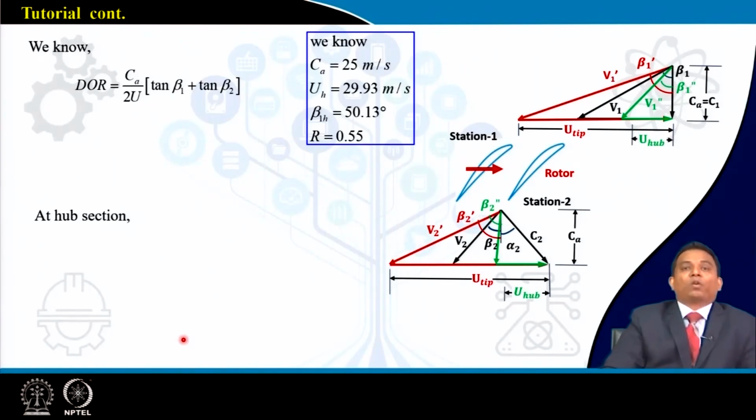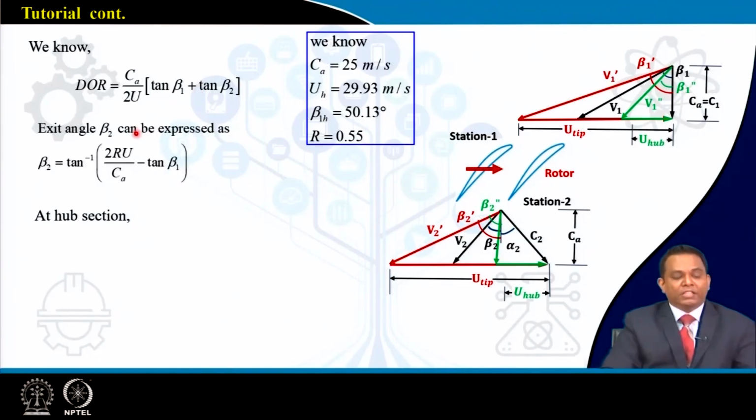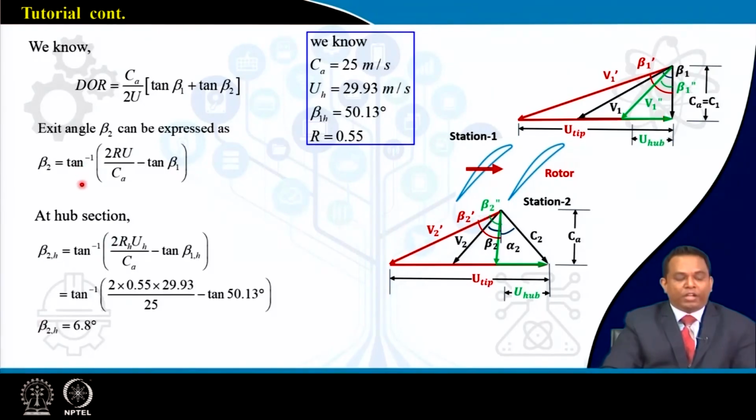Now for calculation of our exit angle, we have our degree of reaction formula, that is Ca by 2U times tan beta 1 plus tan beta 2. In this case, I can represent my beta 2 in the form of a tan inverse equation. So based on that, we can calculate at the hub station using the equation of degree of reaction.